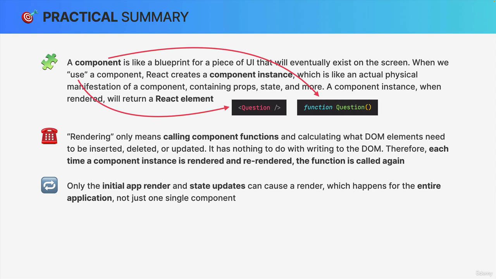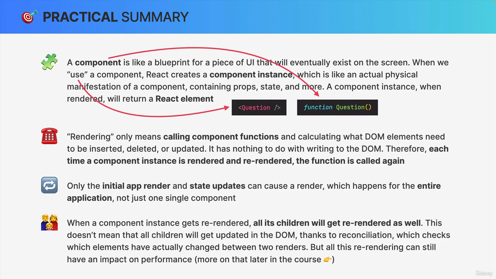Now, when a component instance does get re-rendered, all its children will get re-rendered as well. Now, this doesn't mean that all children will get updated in the DOM, because thanks to reconciliation, React will check which elements have actually changed between the two renders.